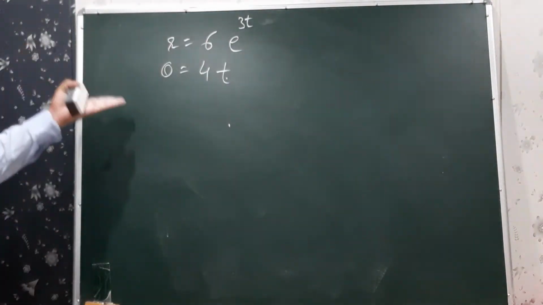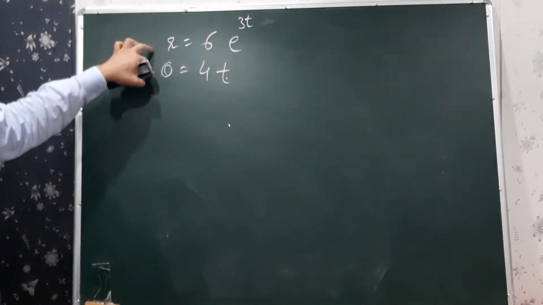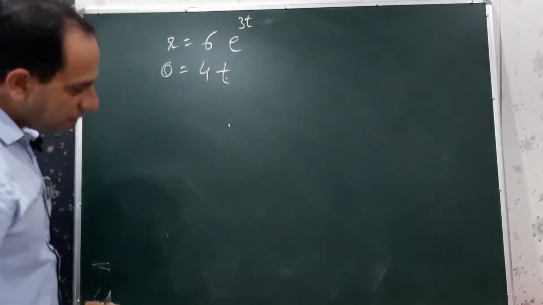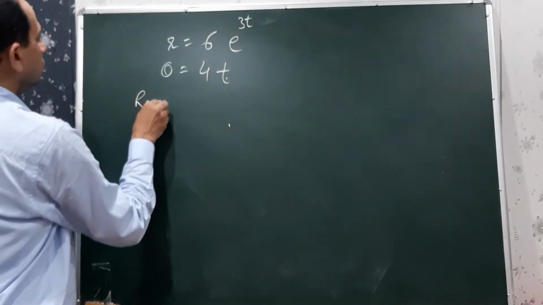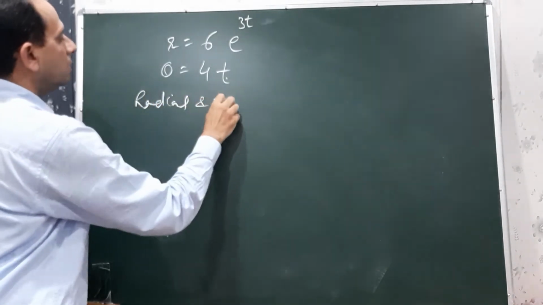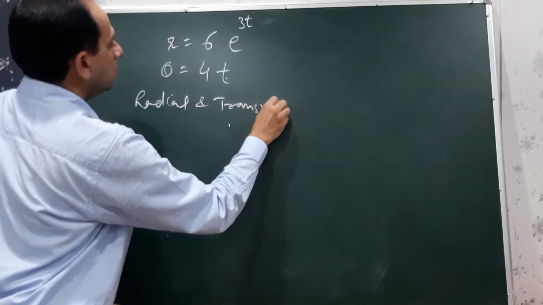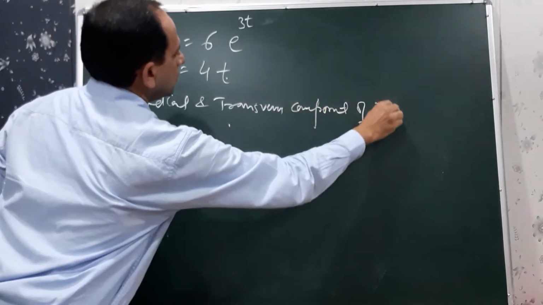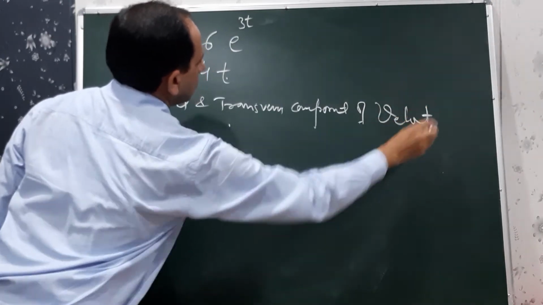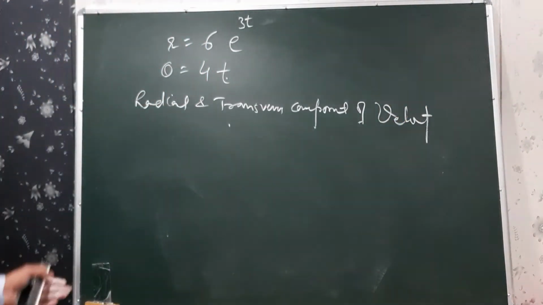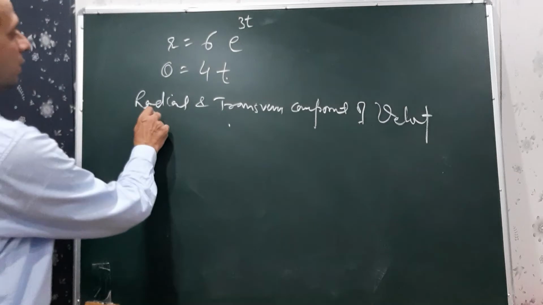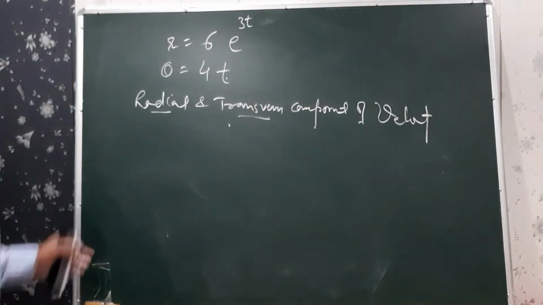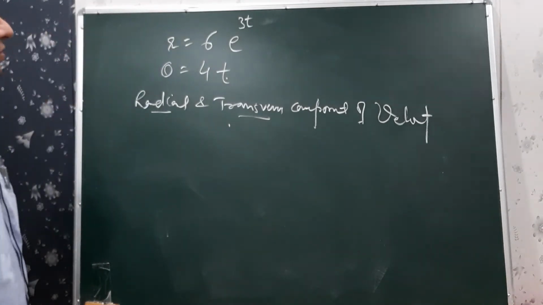These two parameters r and theta are given in the numerical, and we have to find the radial and transverse components of velocity. So, we are using r theta, that is the plane polar system.